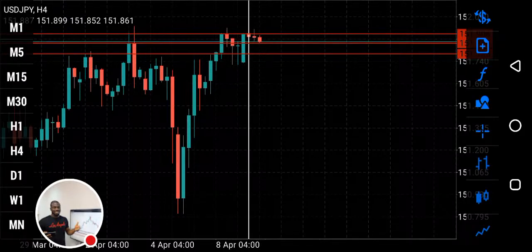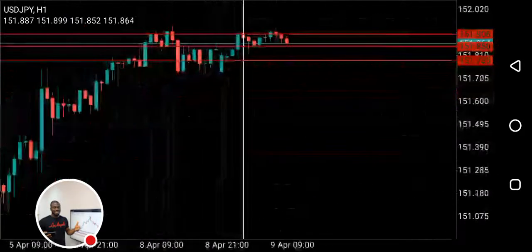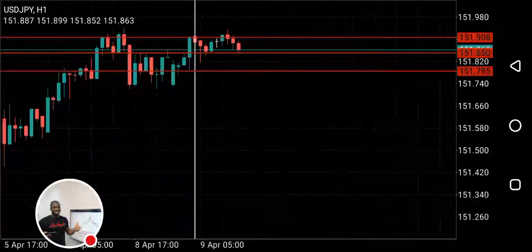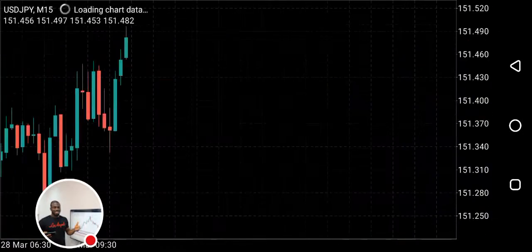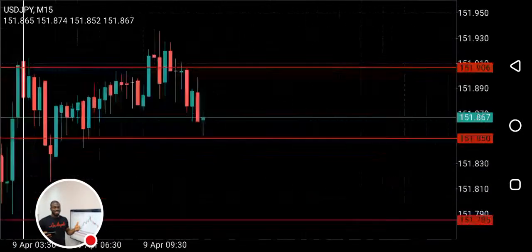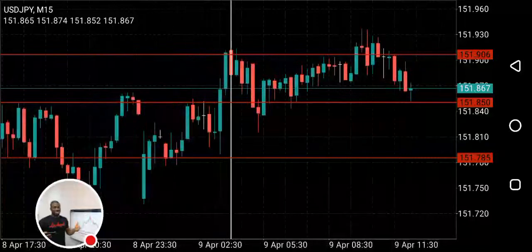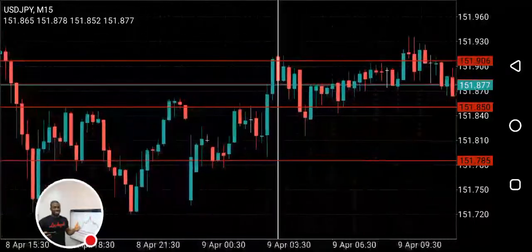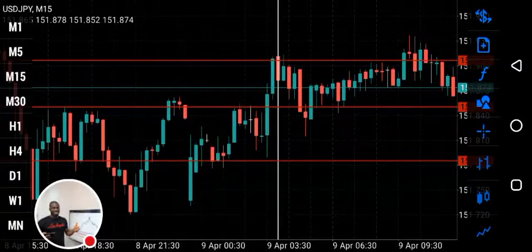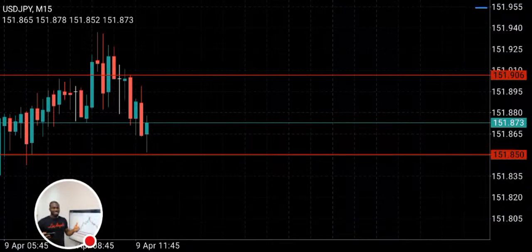Okay, let's go to a lower time frame. Let's go to 1 hour. So this is the 1-hour time frame. Since we can't find a fair value gap here, let's go to 15 minutes. On 15 minutes, do we have a fair value gap? We have one here. You can see this fair value gap on 15 minutes.